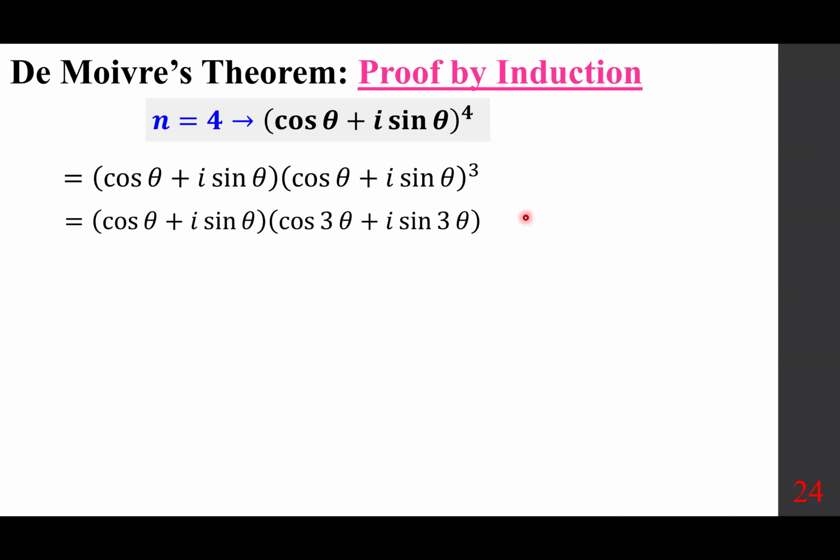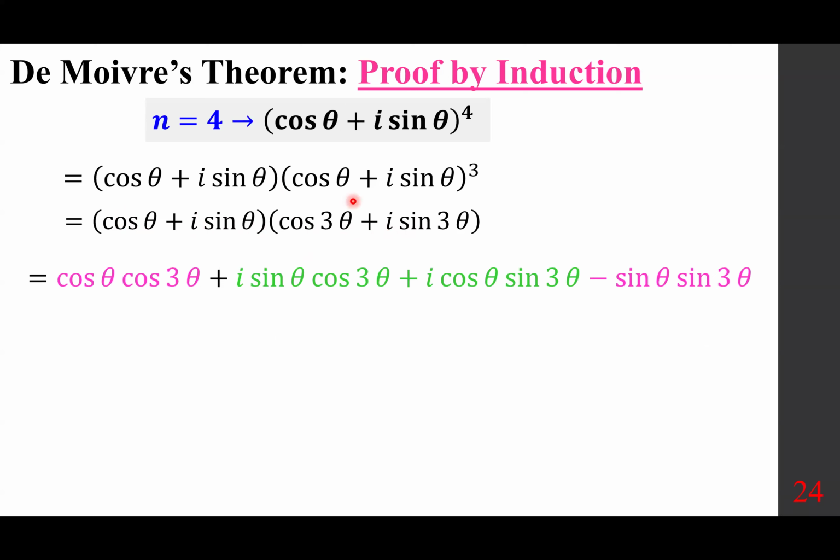And now we distribute the cosine, and then we distribute the i sine theta. This gives us cosine theta cosine 3 theta and cosine theta i sine 3 theta. Then i sine theta cosine 3 theta, and these two give us i squared sine theta sine 3 theta, where i squared is -1.